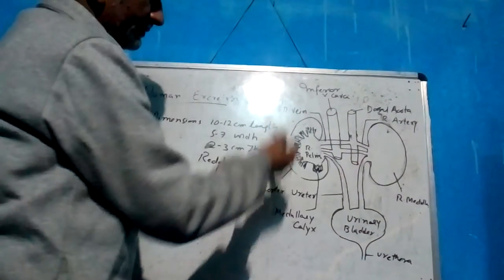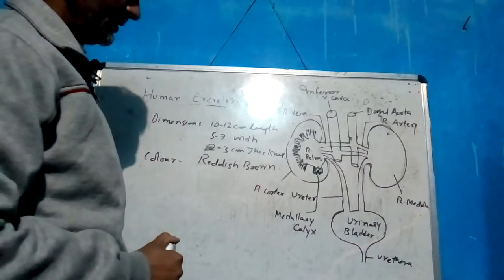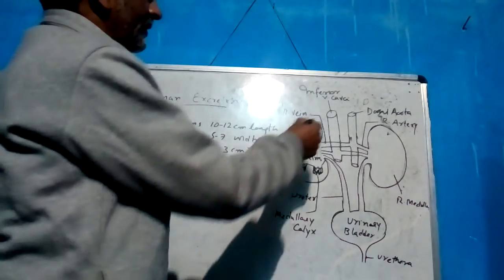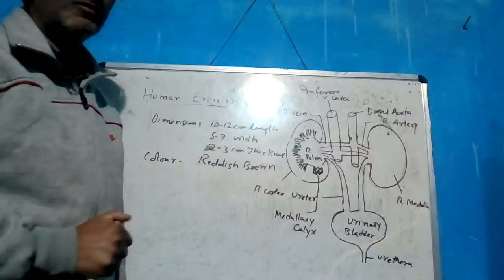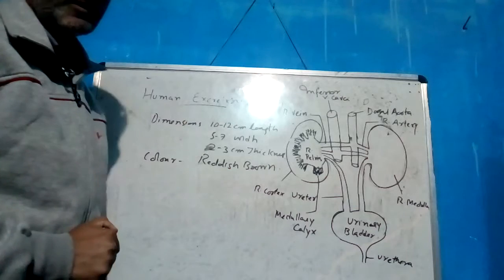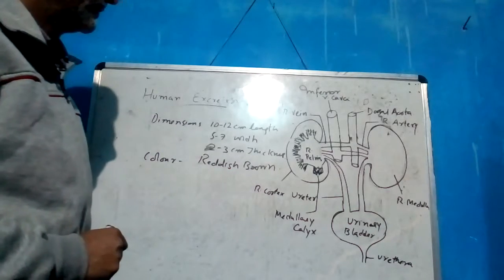Each of the kidneys branch and rebranch, and in each kidney we have some 1 million nephrons, which is the structural and functional unit of the kidney.